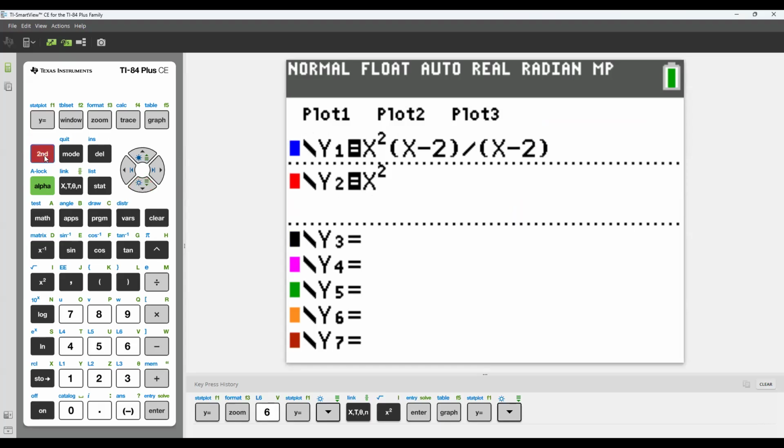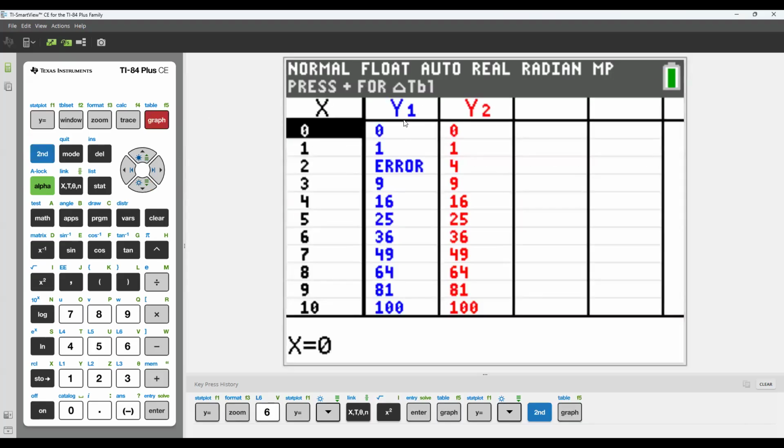And then now, if you look at the table, then what is the difference between the f function that I have and the x squared function is when x equal to 2, you will see an error there. Okay. So it just tells me that we have an open circle at the point (2, 4). And now, let us try to evaluate the table then. Okay.